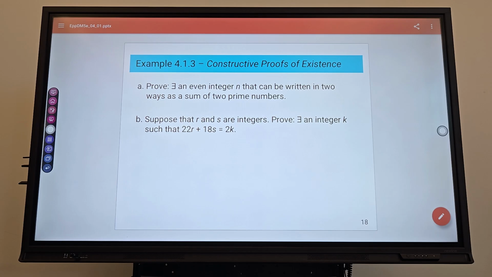Prove: there exists an even number n such that it can be written in two ways as a sum of two prime numbers. An even integer, written in two ways as the sum of two prime numbers.